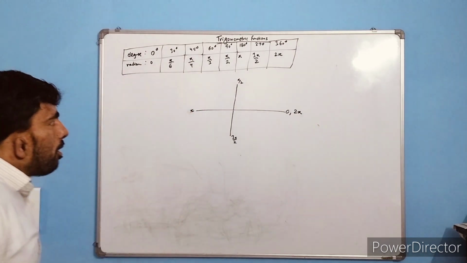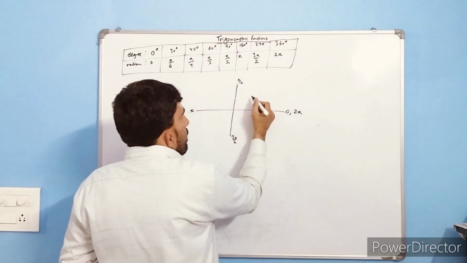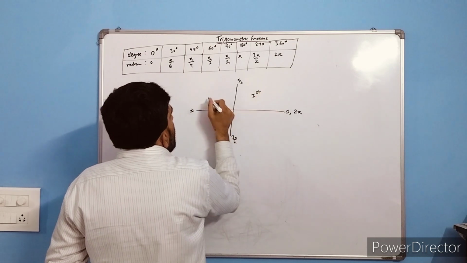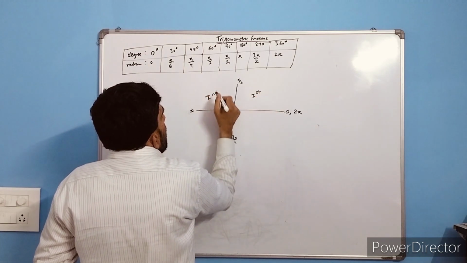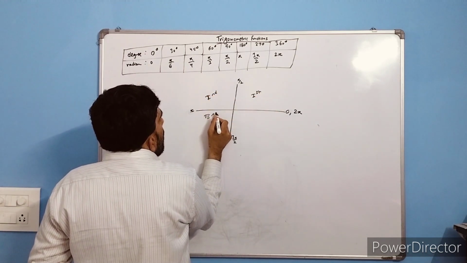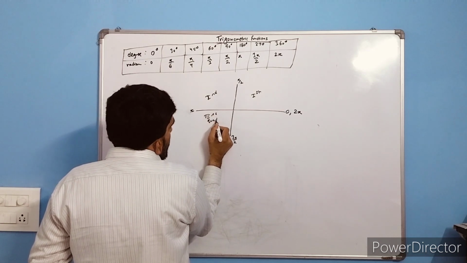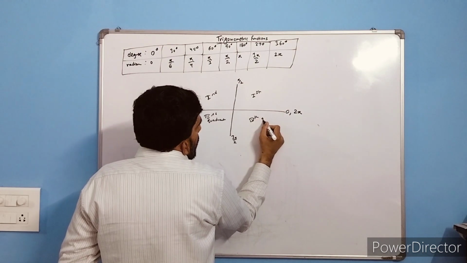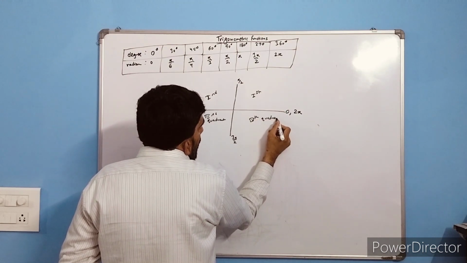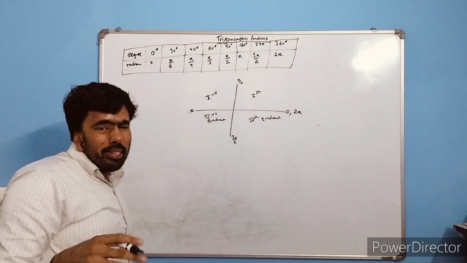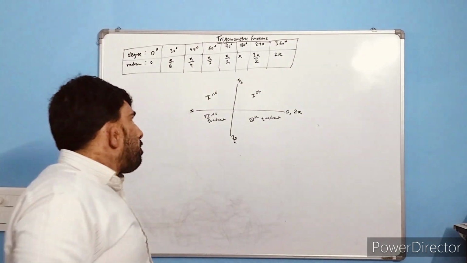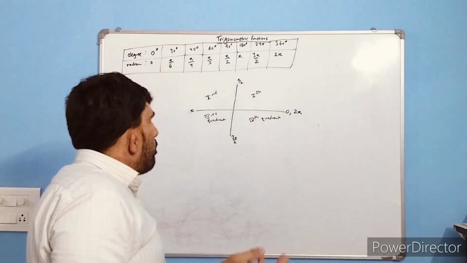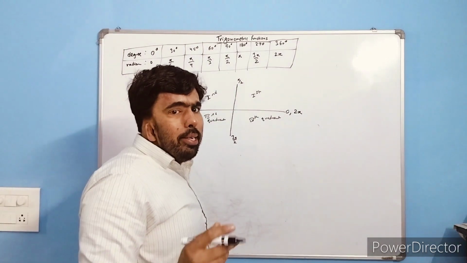We have studied in 9th class about this quadrant: first quadrant, second quadrant, third quadrant, and fourth quadrant. We have learned about abscissa, ordinate, the x-axis, y-axis. We have studied in coordinate geometry in 9th.